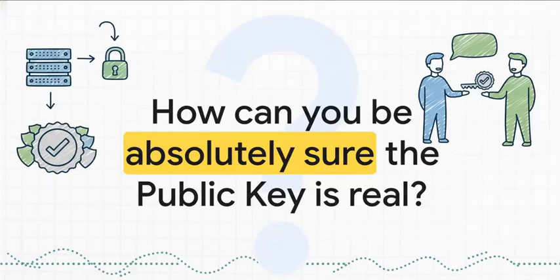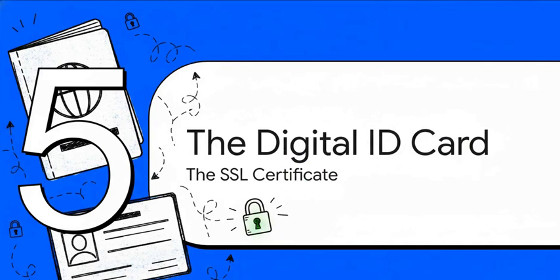And that brings us to the final and maybe the most crucial problem we have to solve. How can you be 100% sure that the public key you just got is the real deal? We need some kind of trusted third party to vouch for the server's identity. And this, my friends, is where the SSL certificate finally enters the picture. The best way to think of it is as a digital passport, or like an official government-issued ID card for a website.